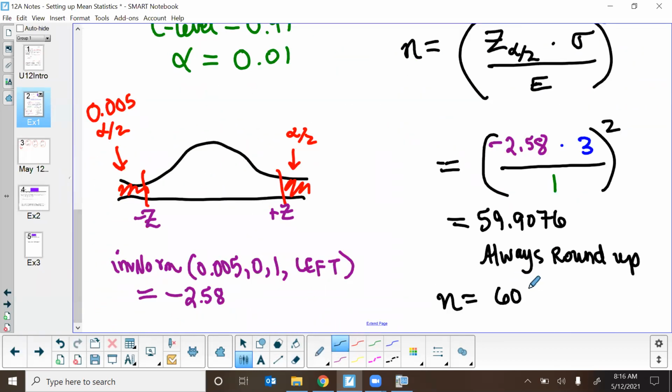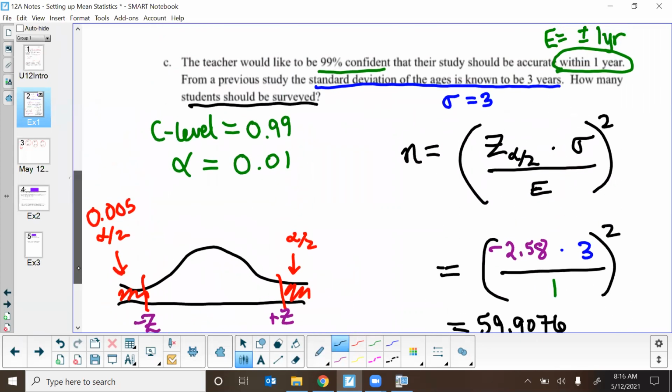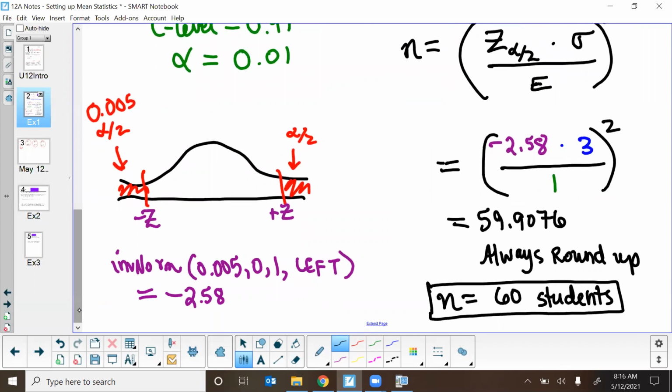So it would be 60 students. So basically, he should survey 60 students to be 99% confident within an error of 1 year. And then we use a standard deviation from before. So check out the next video for example 2 and then for example 3, or you could try them yourself and then check the video or check the key.